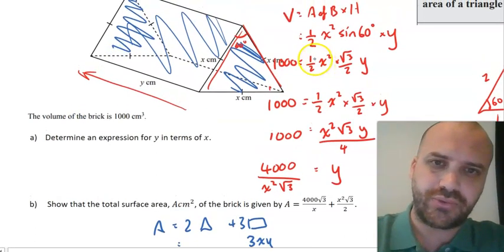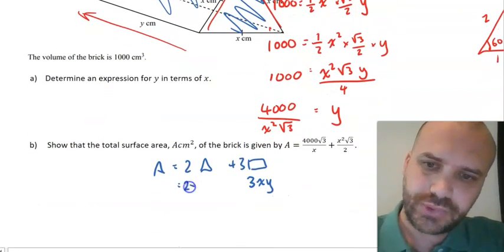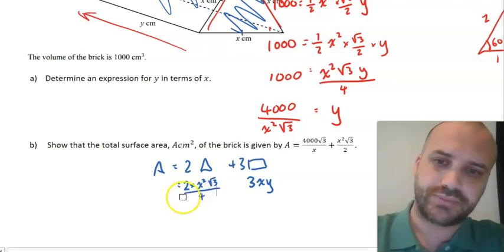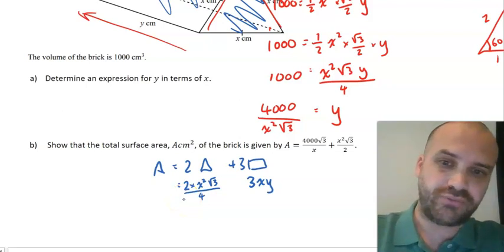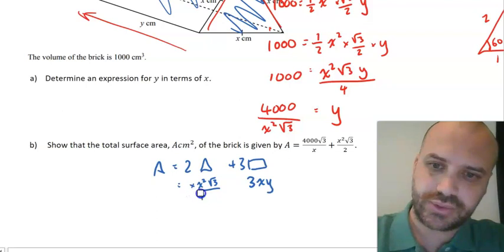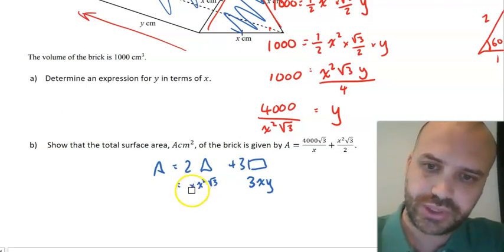We know that the area of one triangle is equal to half x squared times root 3 on 2, which is x squared times root 3 on 4. 2 times x squared times root 3 on 4. And 2 divided by 4, that's the same as 1 over 2. So I can change that to just over 2.